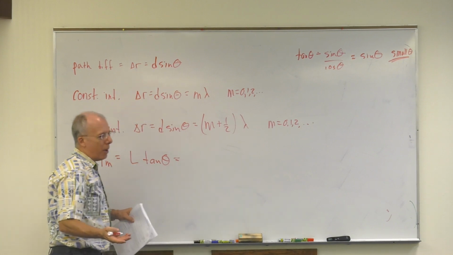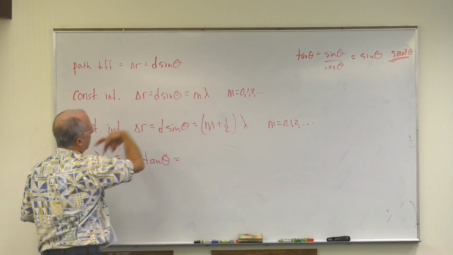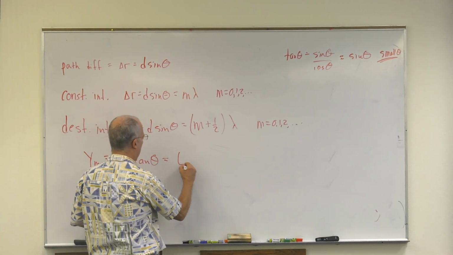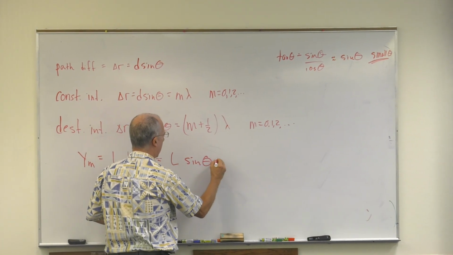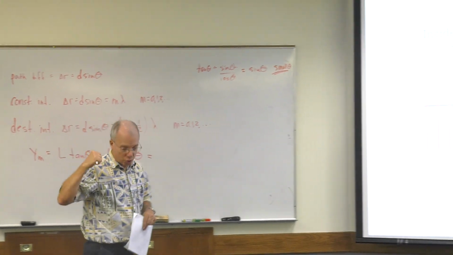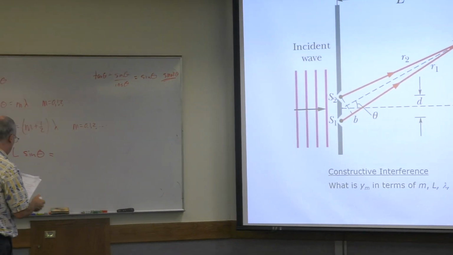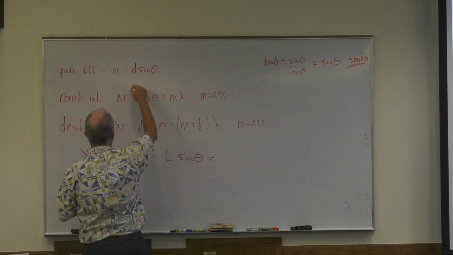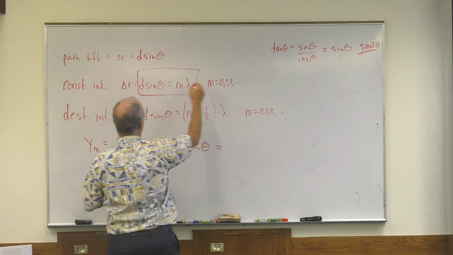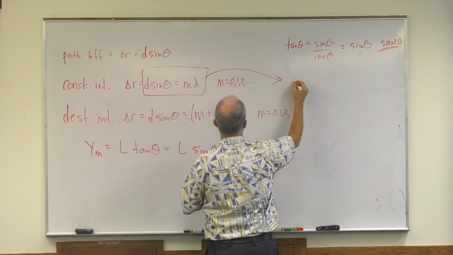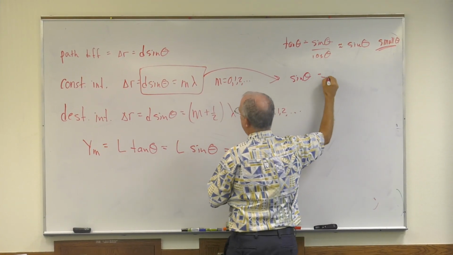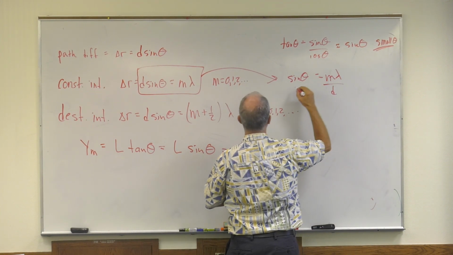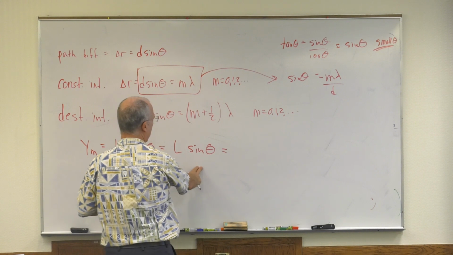And you can see why we want small angle approximation, right? Because we want to use this. So L tan theta is the same thing as L sine theta. And we're finding ym for constructive. We want to know where the maxes are. So where's sine theta for constructive? Right here. This says that sine theta equals m lambda over d. So we'll just substitute it.